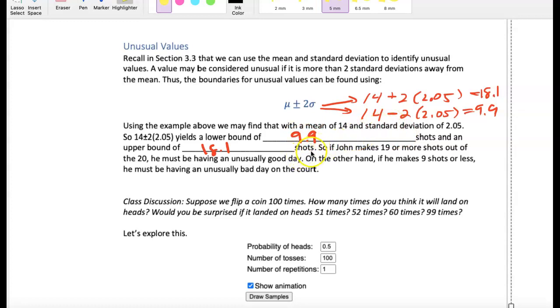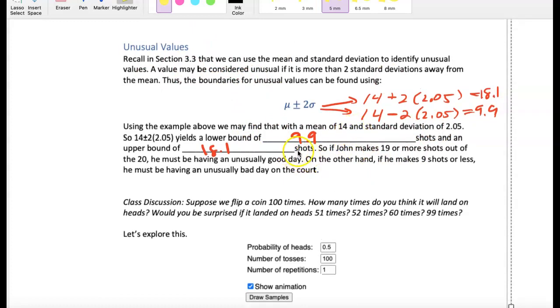Normally we would expect him to make 14, but it's not unlikely that he would make between 9.9 and 18, so between 10 and 18 shots. If he makes that, it makes sense based on the probabilities.